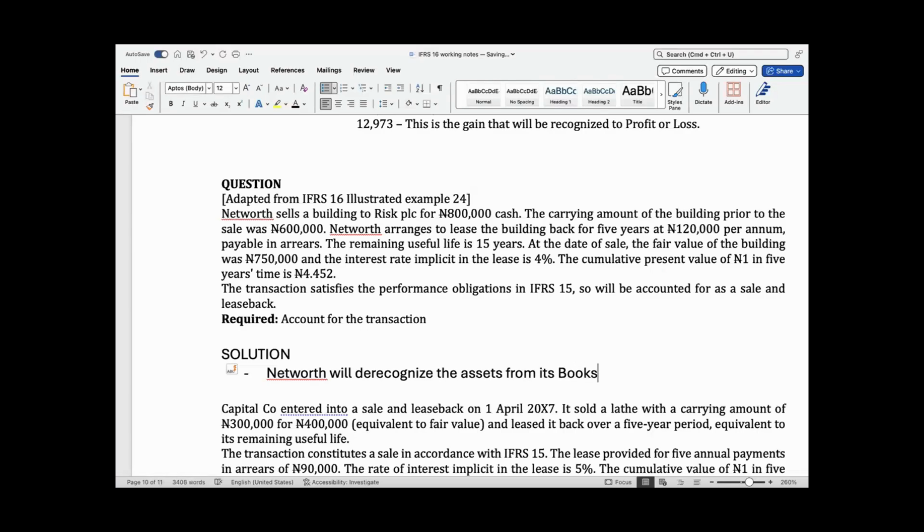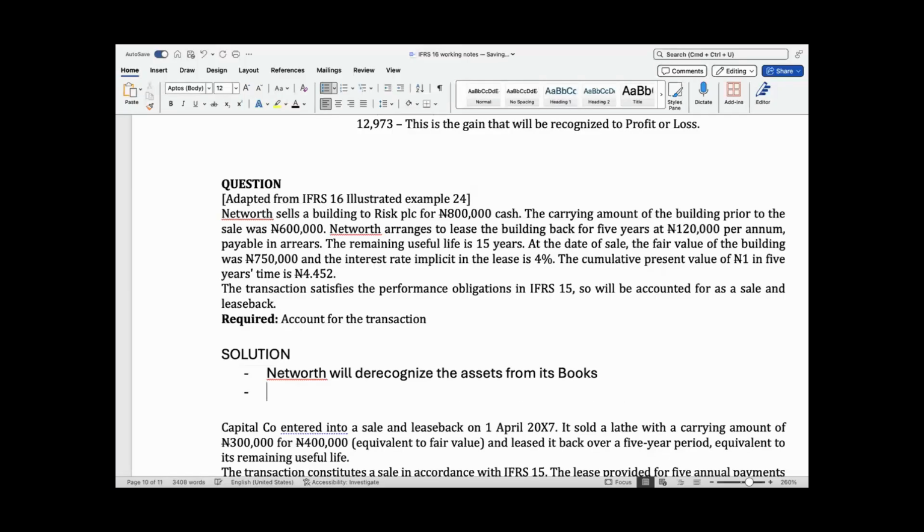And secondly, net worth will recognize a lease liability and a right of use asset, and you will measure it.